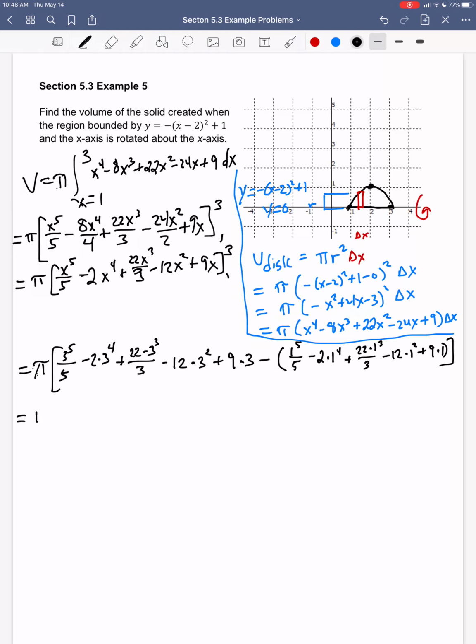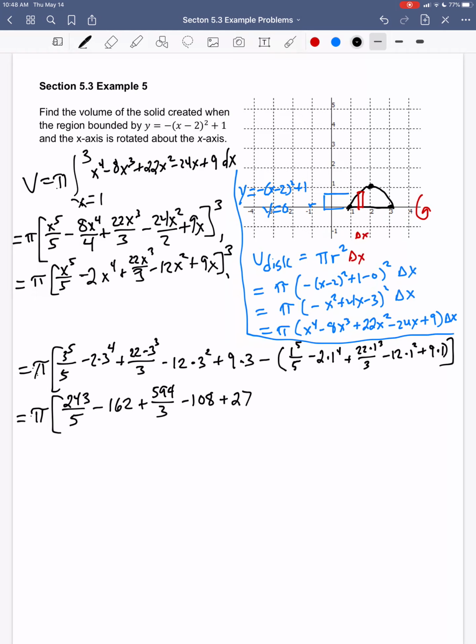So we just have to be really careful with our signs and everything here. So 3 to the 5th, 243 over 5. 2 times 81 is 162. 22 times 3 cubed, which is 27, ends up being 594. 12 times 9 is 108. 9 times 3 is 27.